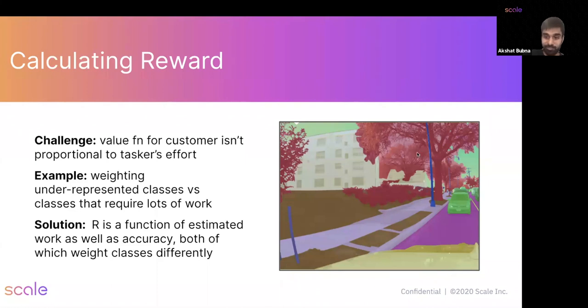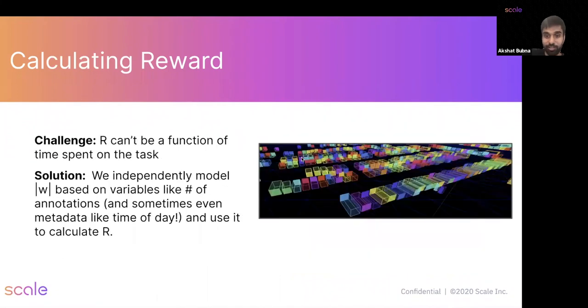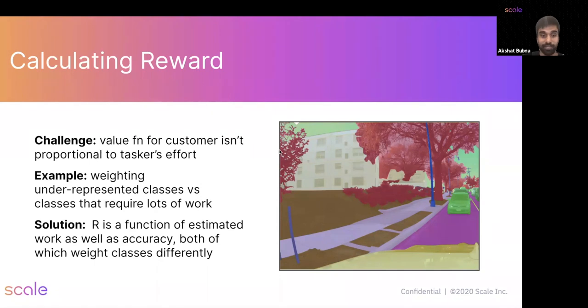But it could also be that some common classes need a lot of work. In this case, I've picked a 2D segmentation task where vegetation is a really common class and needs a lot of effort to be labeled correctly. You have to get all the details and the leaves right, like over here. And so you also want to consider in your weighting how much work it takes to do different classes.